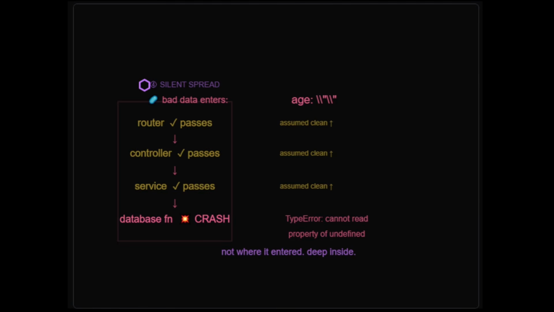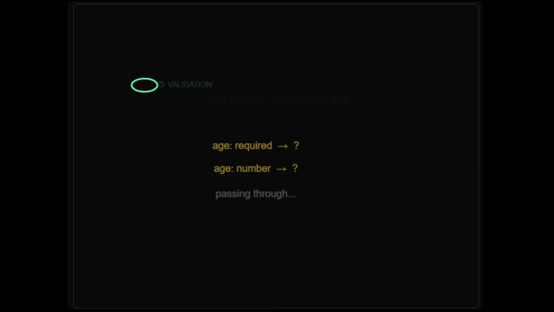And eventually something breaks, not at the boundary where it should have failed, but deep inside, in a function that was never designed to deal with a bad input, producing an error that has no clear cause. That's the trust failure mode, not a security breach, just corruption, spreading silently inward.